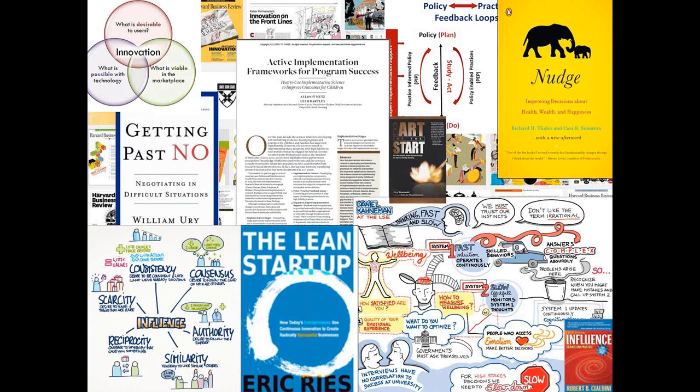Power and Influence, these are some great books through the University of Chicago Business School and some of these MBA classes that they teach people in terms of leadership. And so how can we give that to our innovation zone leads to help them be more influential in the work that they're trying to do? Getting Past No is a book on negotiation tactics and techniques, and so that's something that will be really useful on the local level when coming up against barriers.